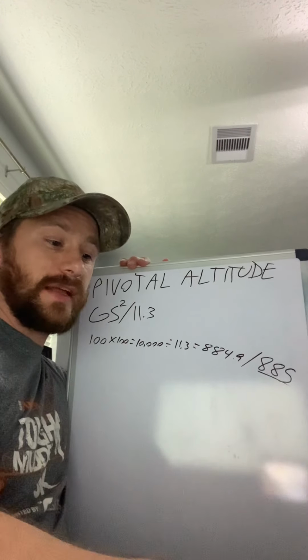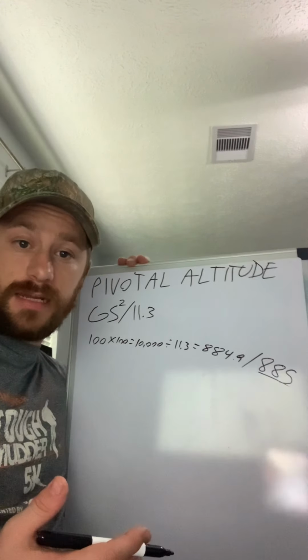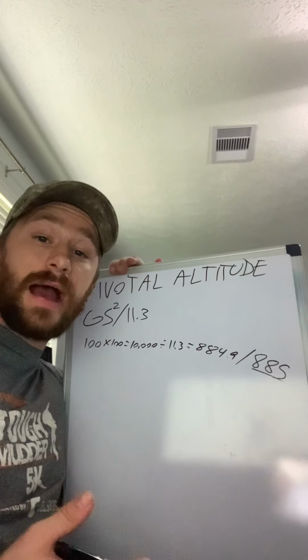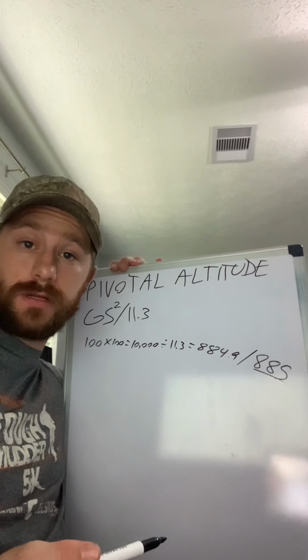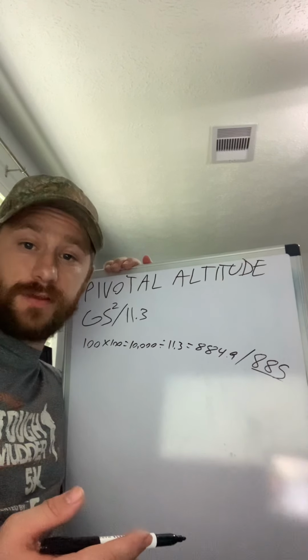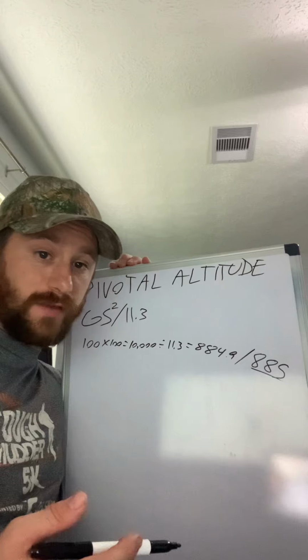Now, something that you'll need to do in a practical sense when you're actually flying is take that and then add in your field elevation. So if you're flying near Addison Airport, the field elevation there is 645 feet.